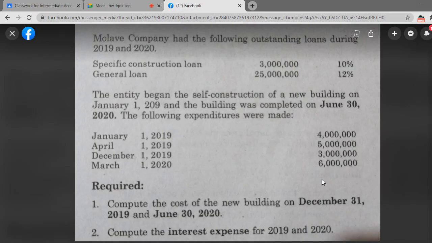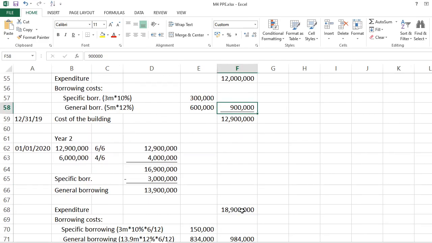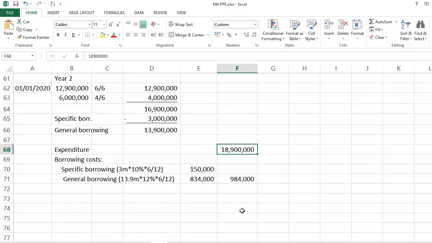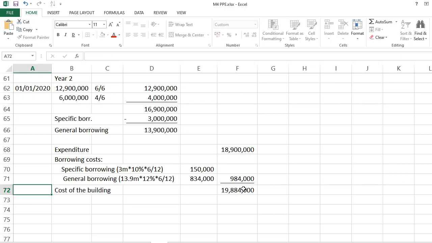So this is 18 plus the borrowing cost of year 1 nga 900. 18.9. So we have a total cost of the building of 19,884,000, and this is 6/30/2020.